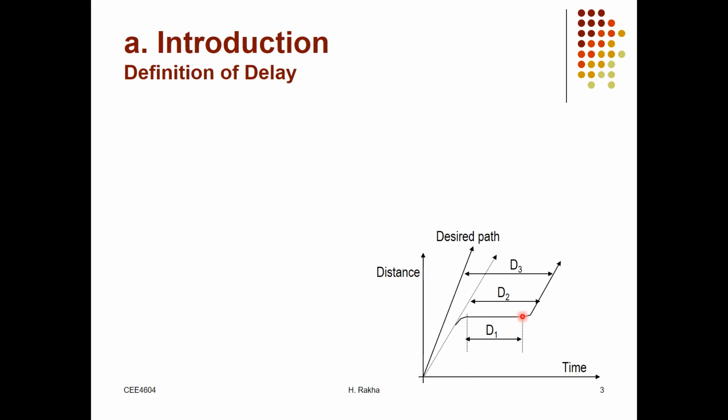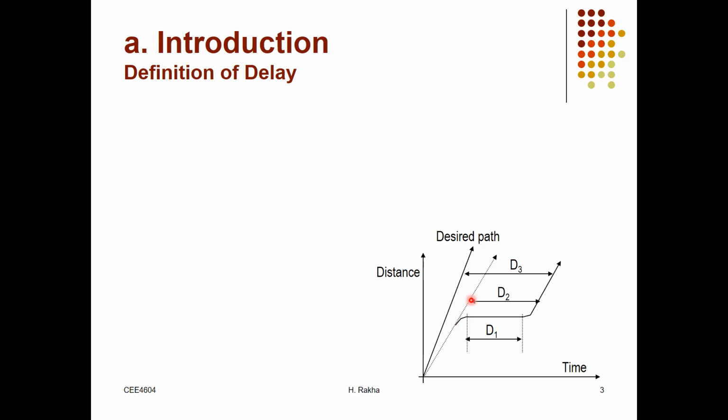Then after D1, there's a curvature which is convex, which means that I am accelerating, and then it becomes a constant slope. That means I'm cruising at a specific speed. So the difference between this line and the dotted line is the extra time that it takes me as a result of the traffic signal, given the number of vehicles on the roadway.